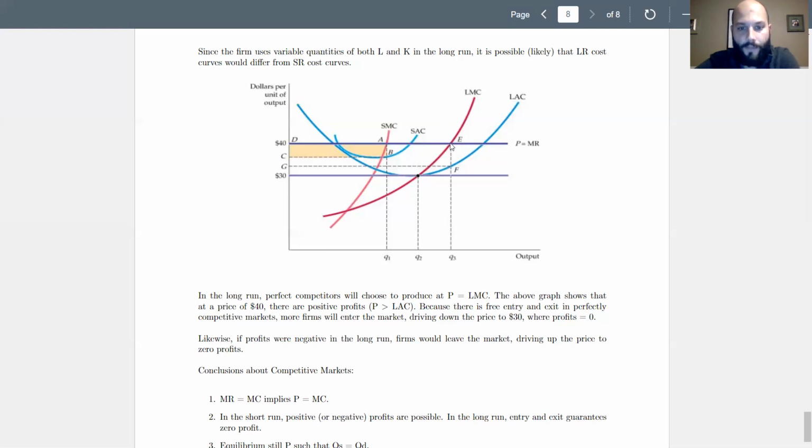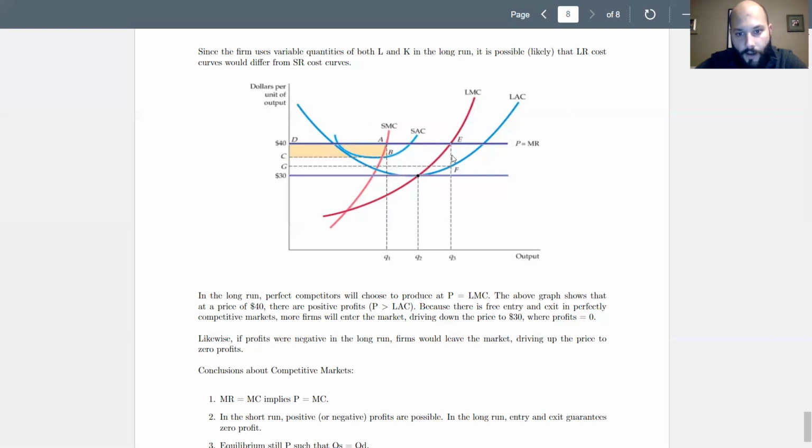So what this graph is showing, you might be wondering, what's this price down here of $30? What this is showing is that in the long run, marginal cost equals marginal revenue at a price of $40 here, and that's above this long run average cost.